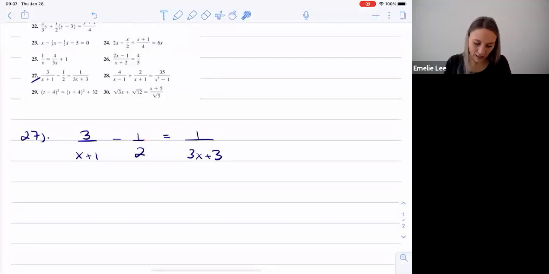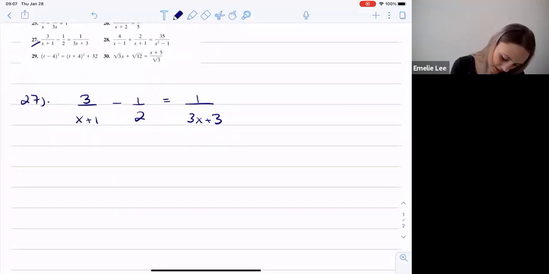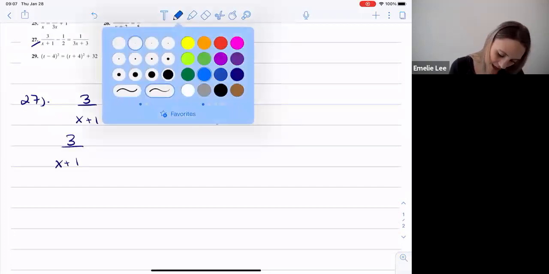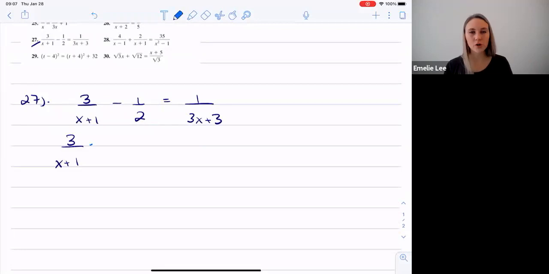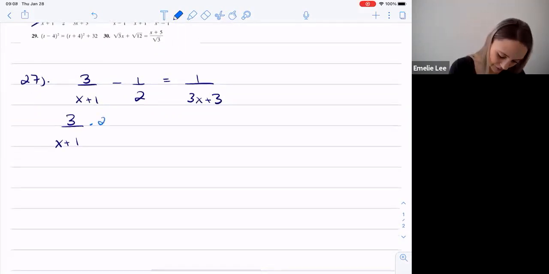And then, so what's that going to look like? And then I'll be able to get moving here. 3 over x plus 1. And I usually try to show the manipulations in a different color.